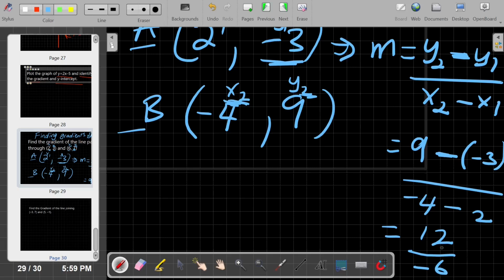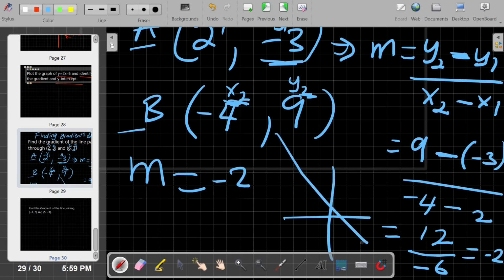And ladies and gentlemen, if I do the math, I understand that 12 divided by -6 should be able to give me a -2, meaning that my gradient for the line that is passing through A and point B should be a -2. And just a mere plotting of this should give me something that looks like this, where my gradient is definitely a negative gradient.